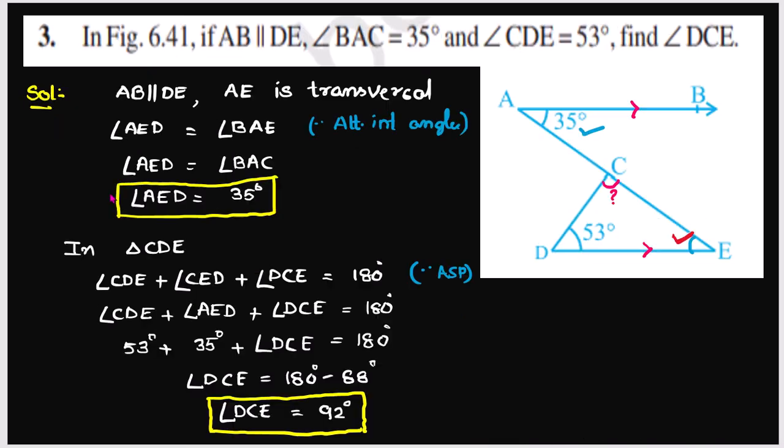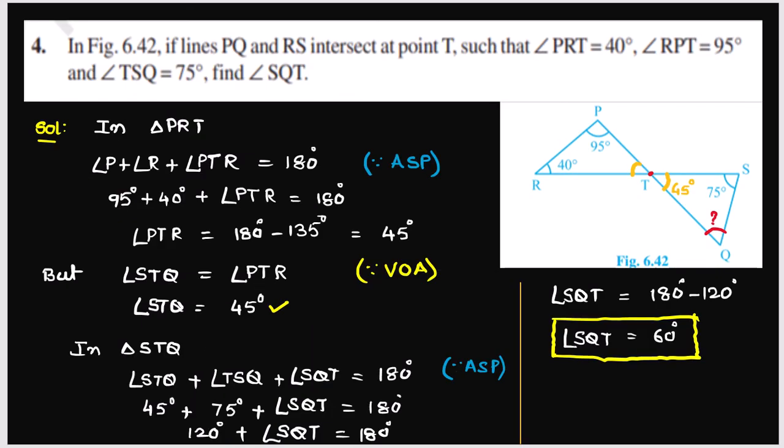In the third one, we applied alternate angles as well as once again angle sum property. In the fourth one, angle sum property and vertical opposite angles. All these we learnt in axioms and theorems. Those are all the properties and rules we applied in these problems. Okay children.